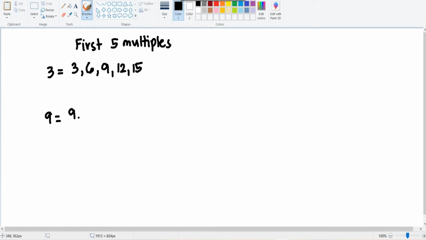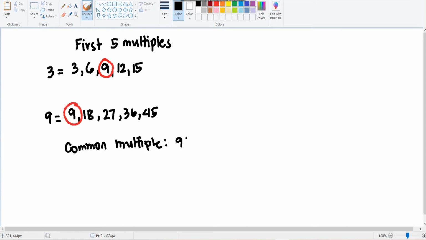We have 9, 18, 27, 36, and 45. Now we are done listing their multiples. It is time for us to identify the common multiple. We have here 9, 9. So we only have one common, therefore 9 is our common multiple of 3 and 9. That is how easy it is.